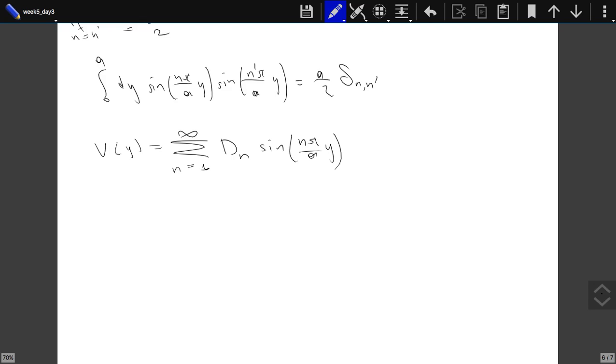Well, we can use the previous result, just multiply both sides by sine of n prime pi over a y, and integrate over y from 0 to a.